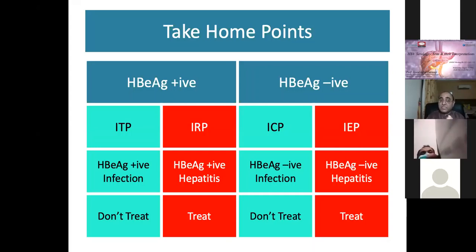So that's the reason when the patient is in this phase, when the immunity has become active and is attacking the hepatocytes, you treat these patients with antivirals, so you shorten the duration of the immune reactive phase and push the patient from immune reactive to immune control phase. And then you follow these patients regularly to see if they develop the immune escape phase or E antigen negative hepatitis. And if it happens, you will treat this patient.